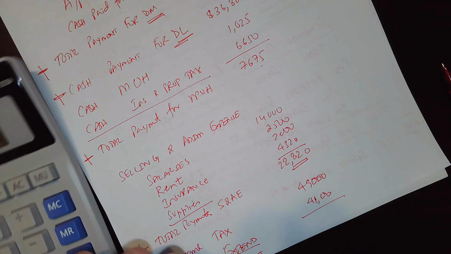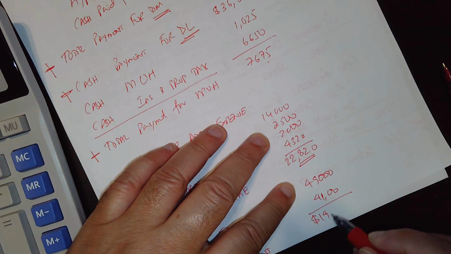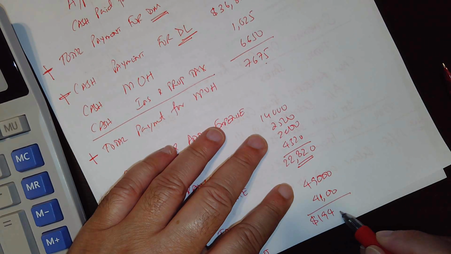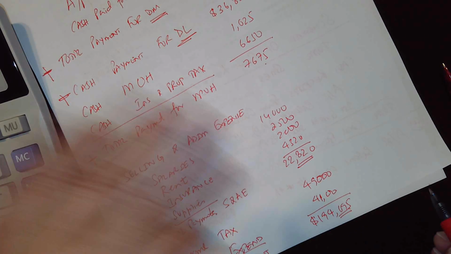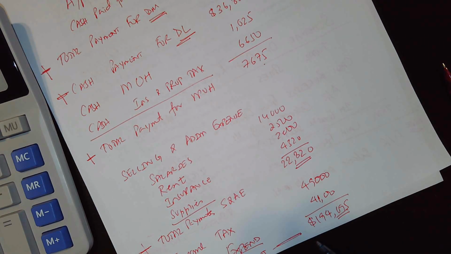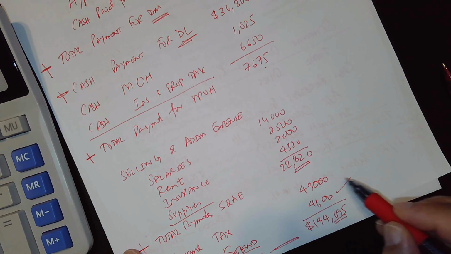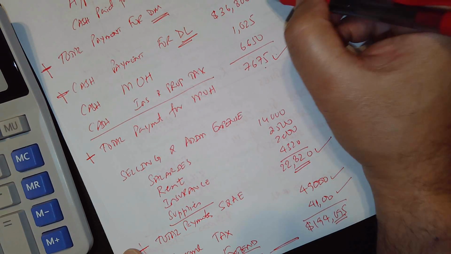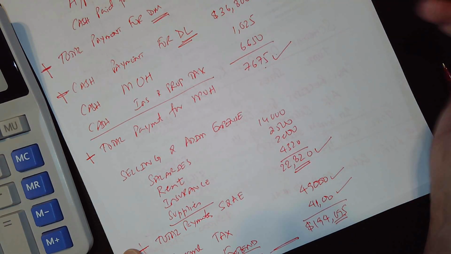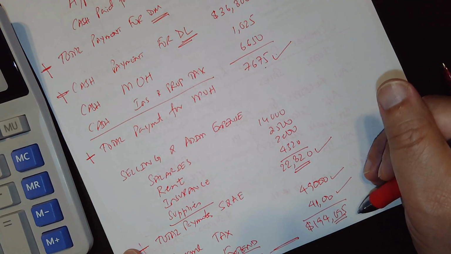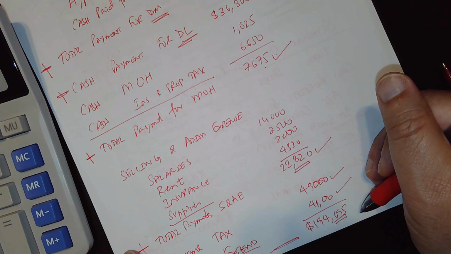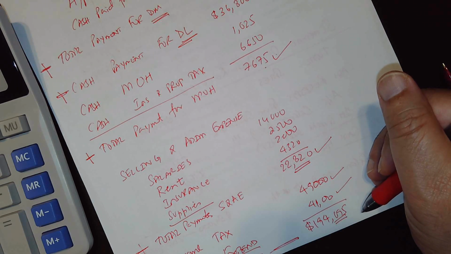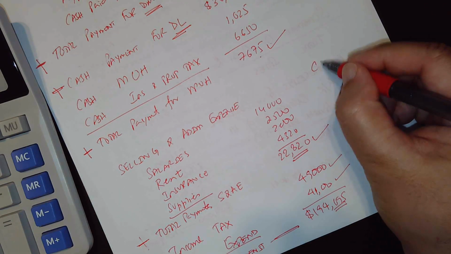So that will give us $194,095. So these are the total payments, but the total payments are divided into capital expenditure, income tax, selling and administrative expense, manufacturing overhead, direct labor, and direct material. So these are the six categories, and we are making a total payment of $194,095. This is our schedule of payments. This much payments we have to make, and these are cash payments.